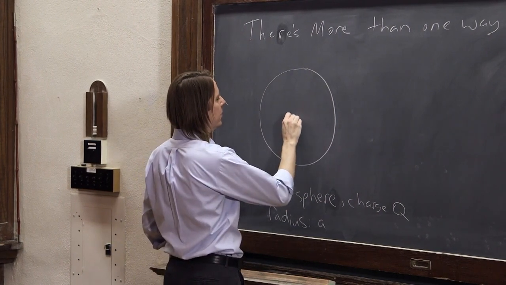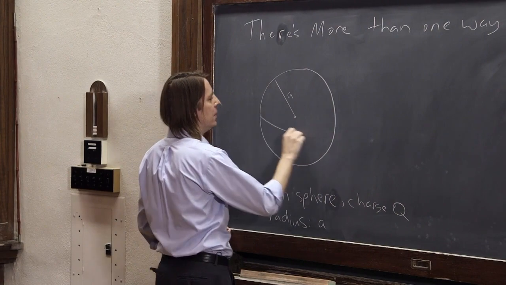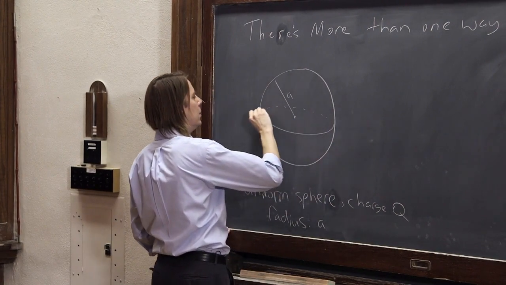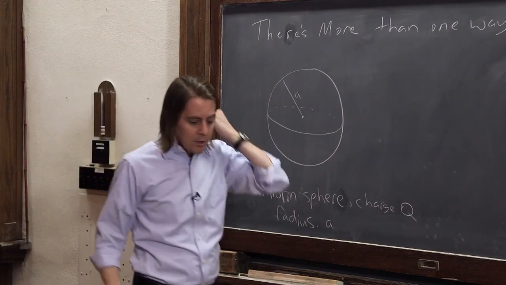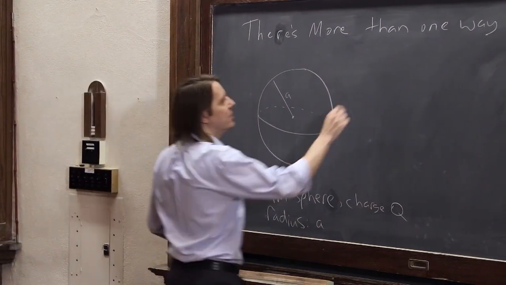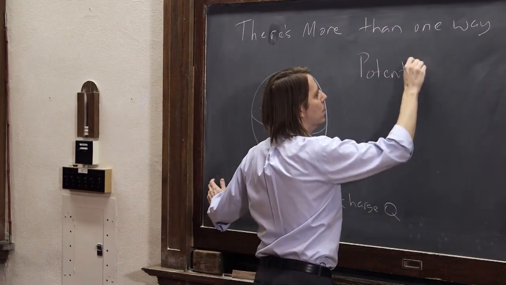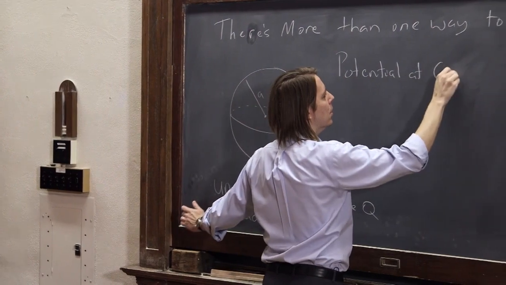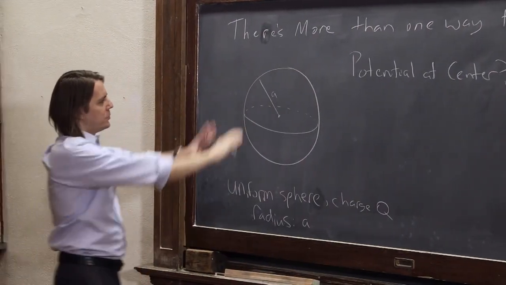So we can say right here from the origin out to some radius a, and it's a sphere, like that, full of charge q. So if we're going to do this, the question is, what is the potential at the center of the sphere? There's charge everywhere.